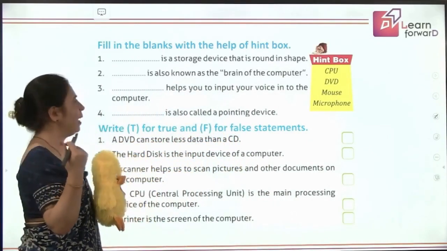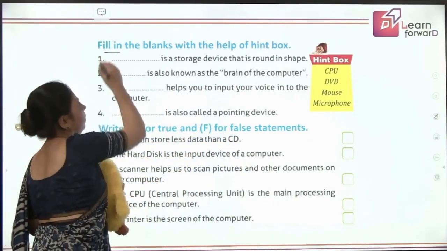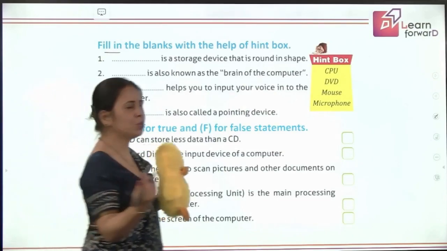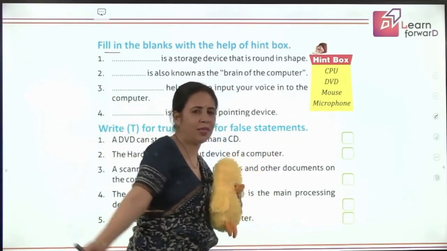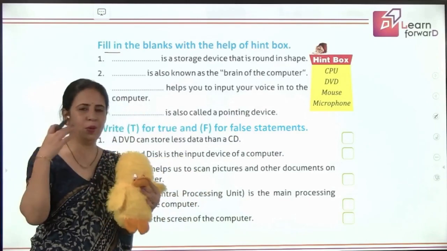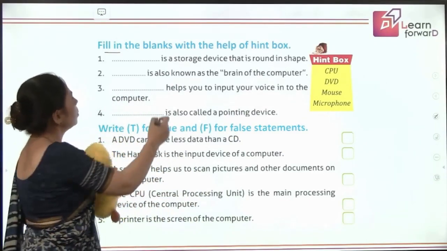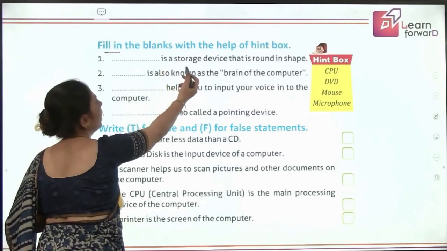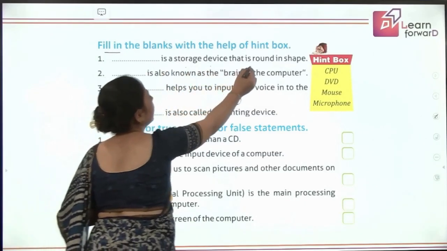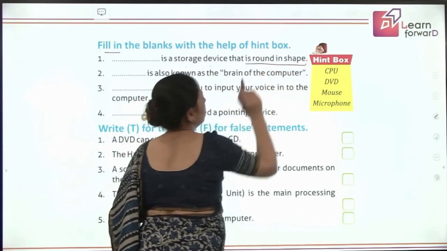Come, let's begin. We are going to start with fill in the blanks. So as usual, we have a hint box here with us, and we are going to read the sentences and complete them. So dash is a storage device that is round in shape.